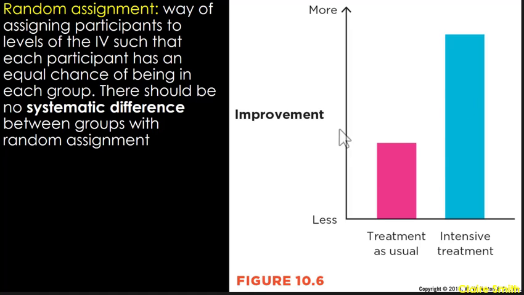For this study to have good internal validity, you want all the participants to have equal chances of being in the regular treatment or the intensive treatment group. But because you're having different treatment conditions, it's not really ethical to not allow certain people in the intensive treatment group.